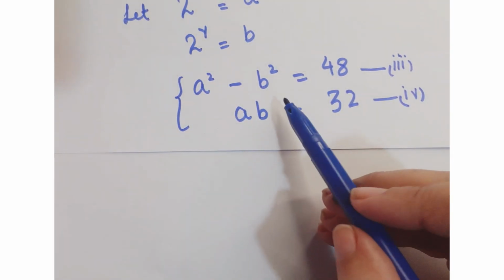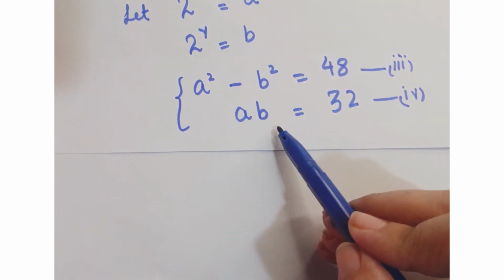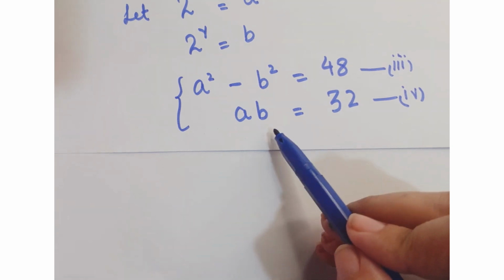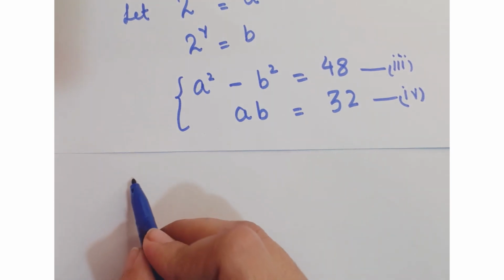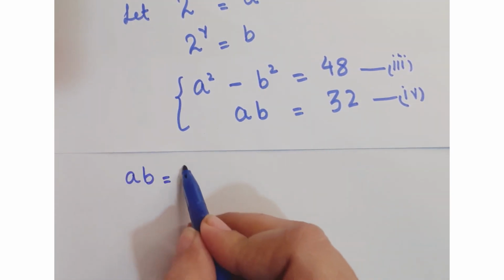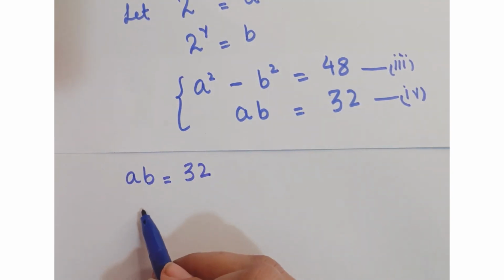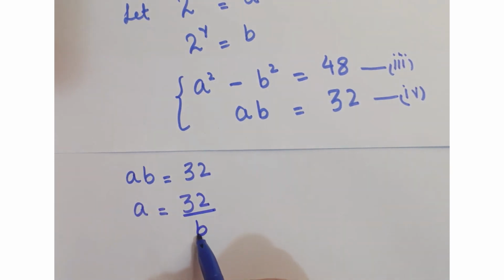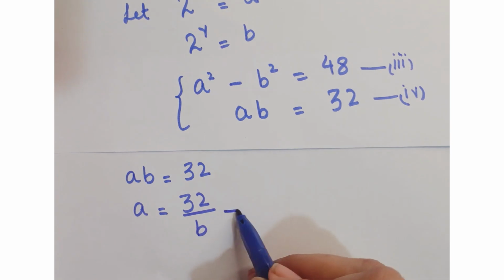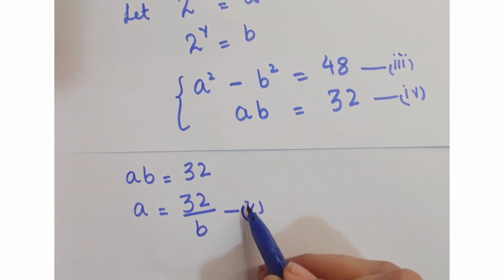Now we have two equations and we have to solve them simultaneously and find the values of a and b. Using equation number 4, a into b is equal to 32, or you can say that a is equal to 32 upon b.